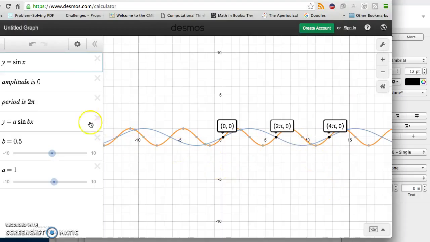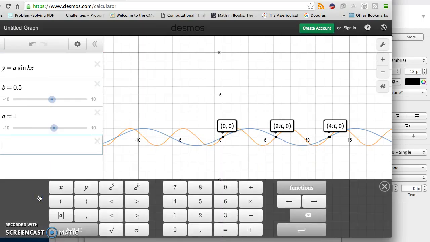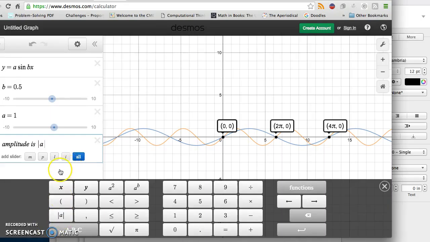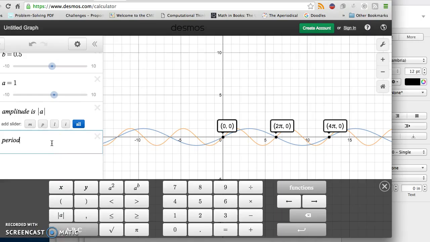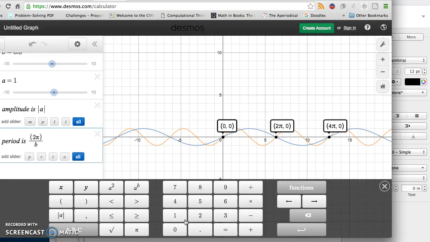So the way we express that is, for a sine bx, the amplitude is the absolute value of a, and the period is 2 pi divided by b.